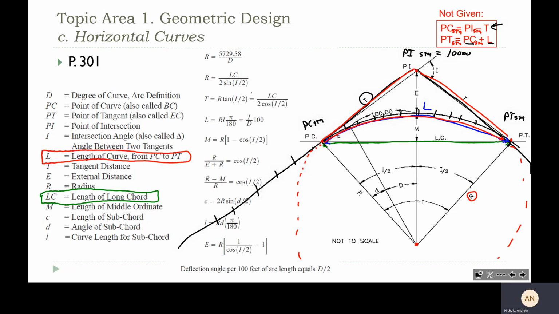Well, what variable is it? It's I. So I is this intersection angle down here, and it's basically the entire angle that's being turned from the PC to the PT.